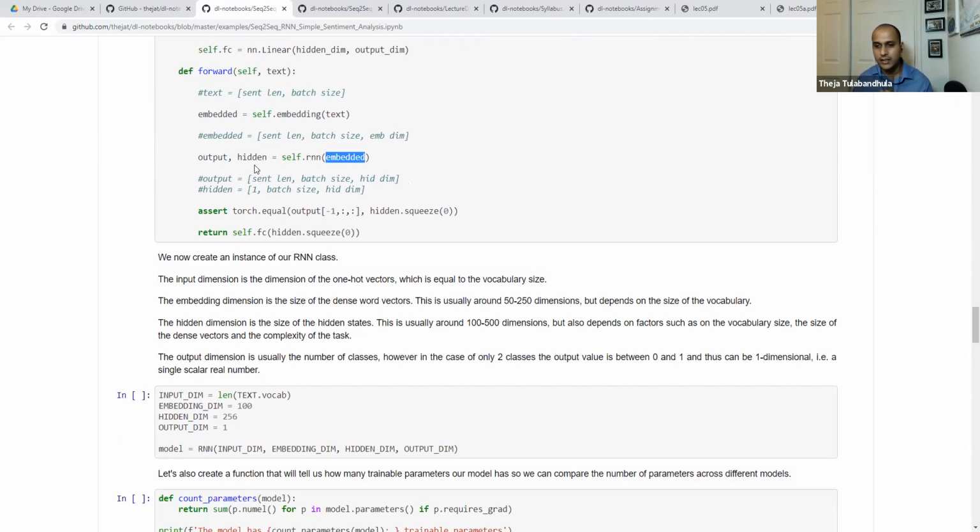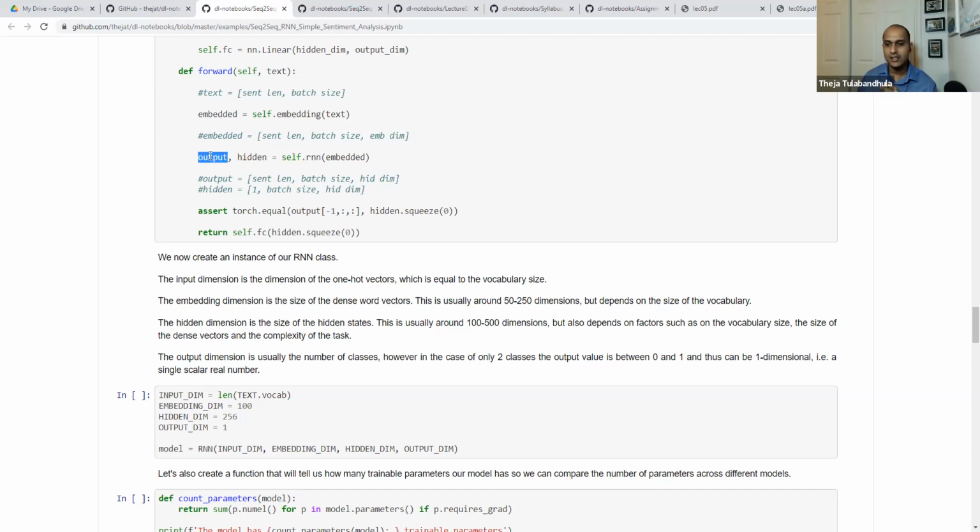Sorry, I apologize. Here it looks like you only get one hidden output. You just need to check the definition of RNN to see whether you get the hidden outputs of all the intermediate steps. Actually, let me take a step back. If you recall, output and hidden are the same, right?